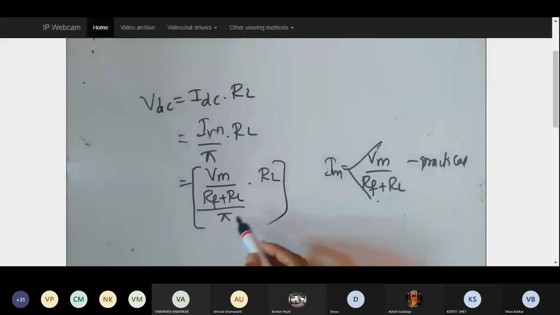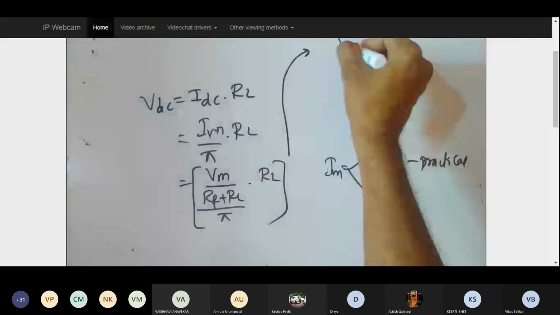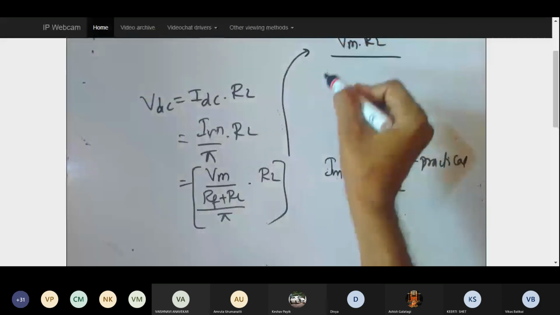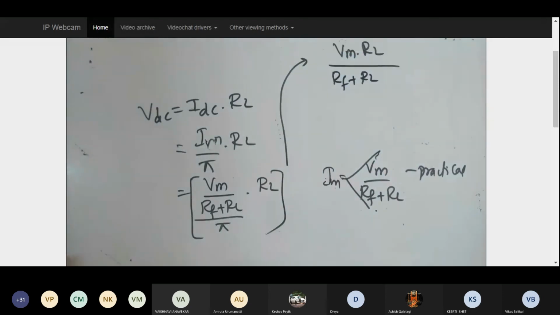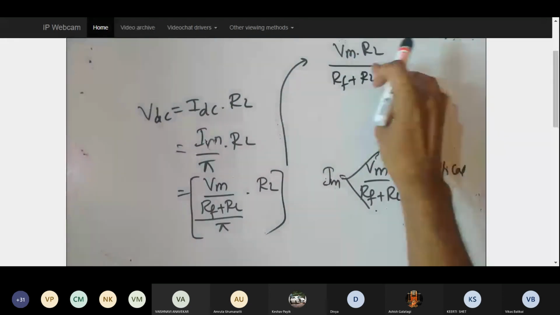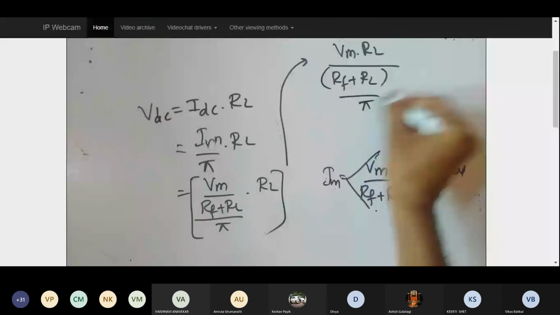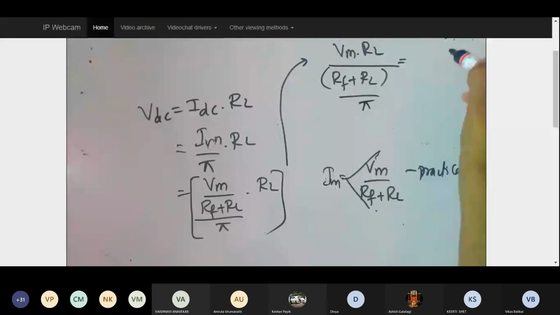So this will be VM into RL divided by RF plus RL, whole divided by pi. I'll bring this RL down, and this will be VM by pi.